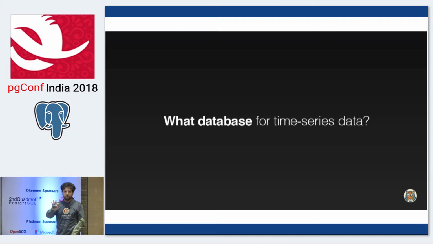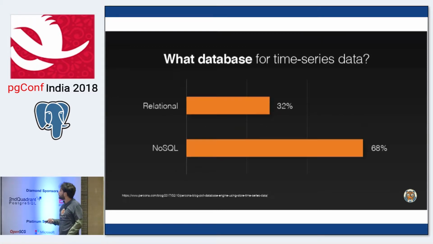But so we've seen this data as a relation, and you might ask, is most of it stored in a relational manner? These are the results from Percona of last year, asking people how they store their time series data.